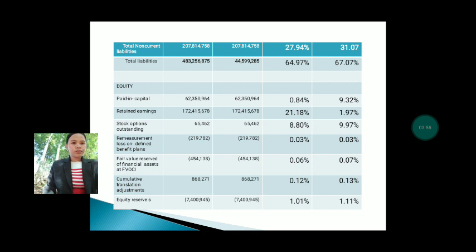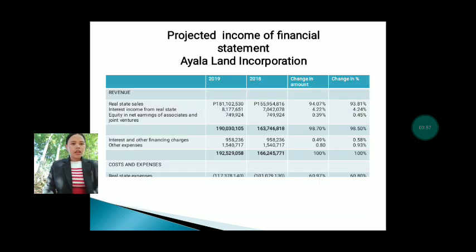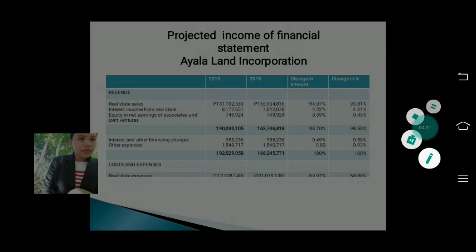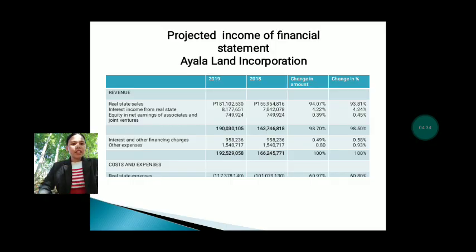And let's continue to the income statement of Ayala Land Incorporation. How do we solve this one? You need to get first the total amount of net sales, and divide all amounts by the net sales.